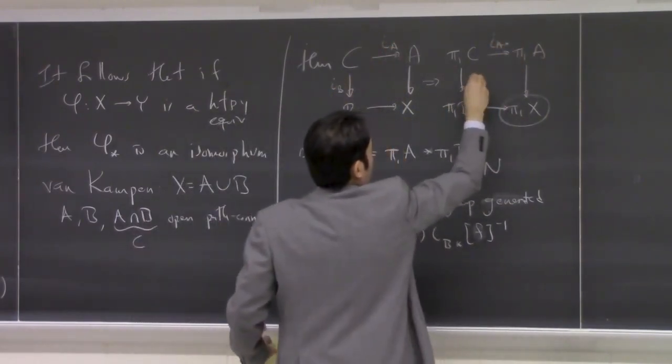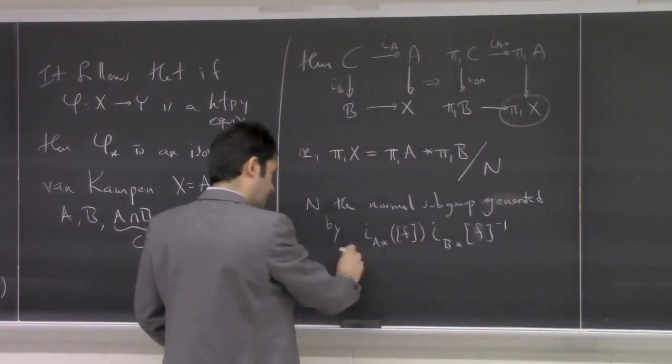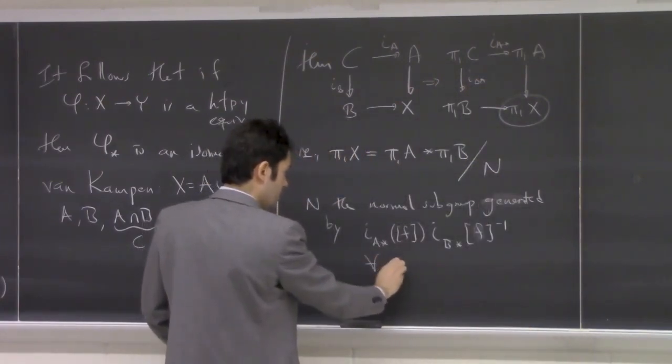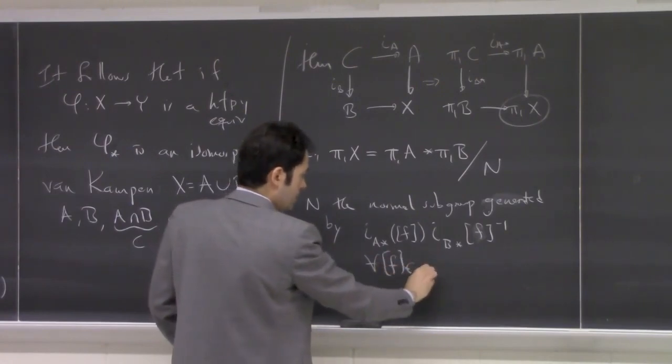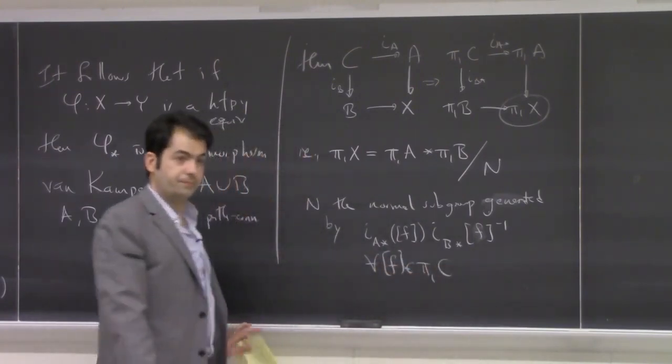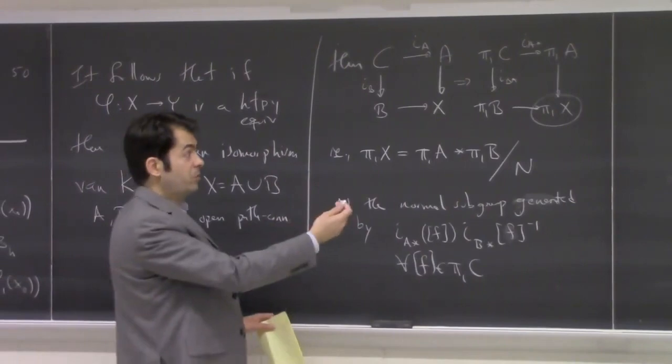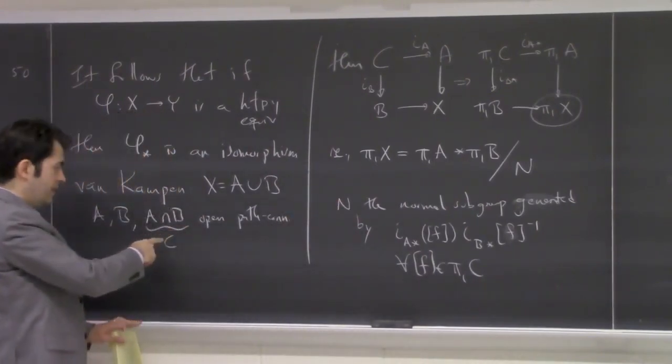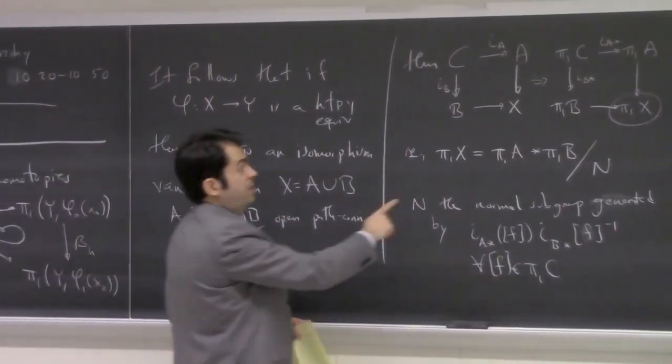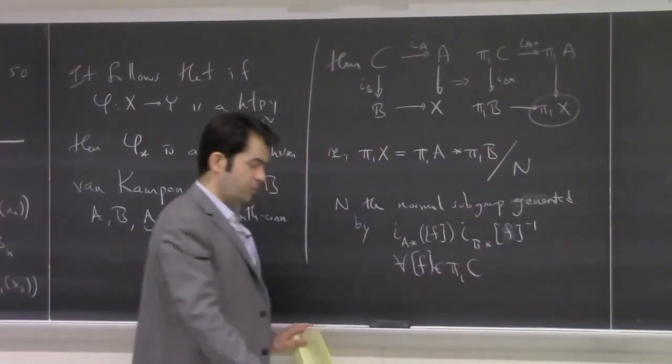So these are the induced maps. And gamma is a class in pi1 of C. And of course, to make the base points work out, you just pick a base point inside A intersect B, and you use that base point for all of these fundamental groups.